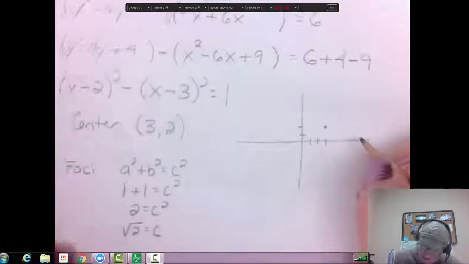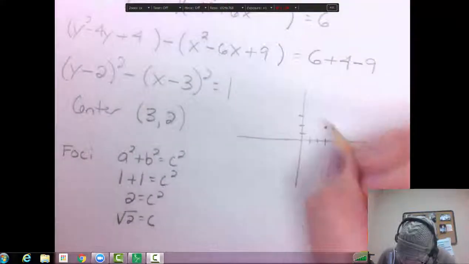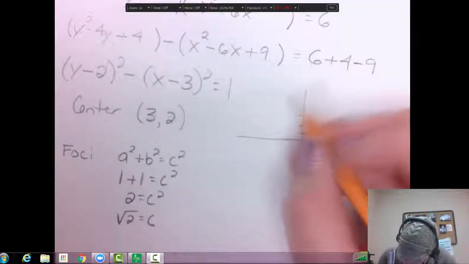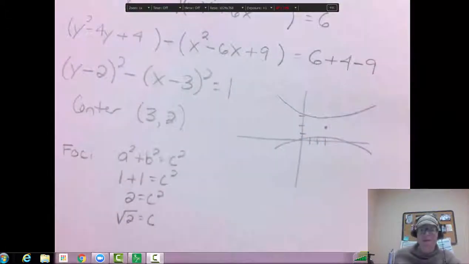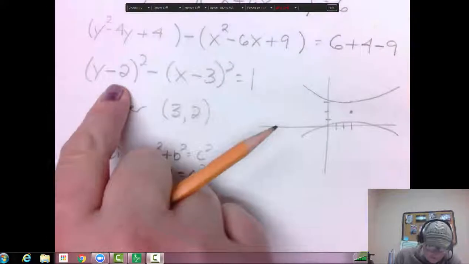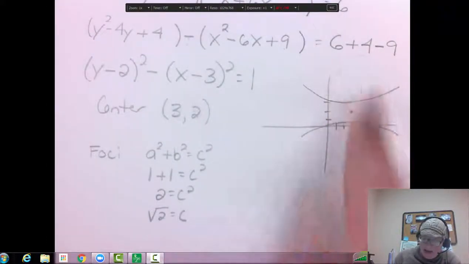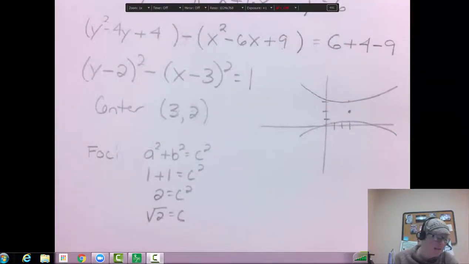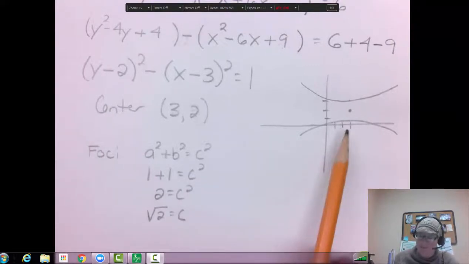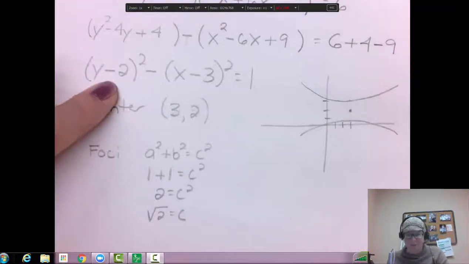And then from there, we know we're 1 distance away, 1, 1, 1, 1, and this shape is going to be something like this. Because it's got the y first, I can't remember if they called that a vertical hyperbola. That's where I was kind of hesitating. I can't remember what they call it when the shapes go from the top and bottom, but that's how they're going to go because y is first.